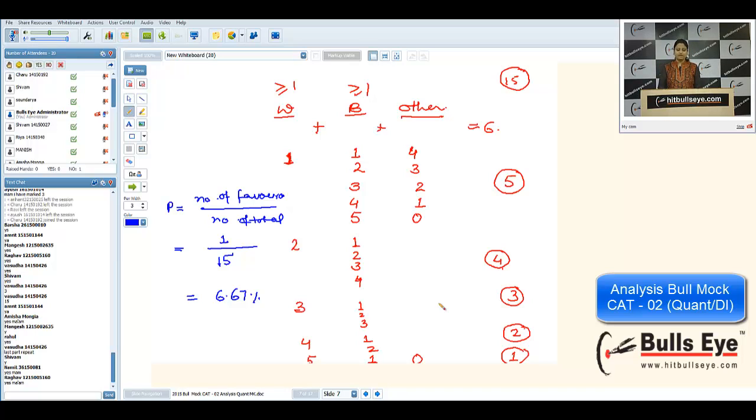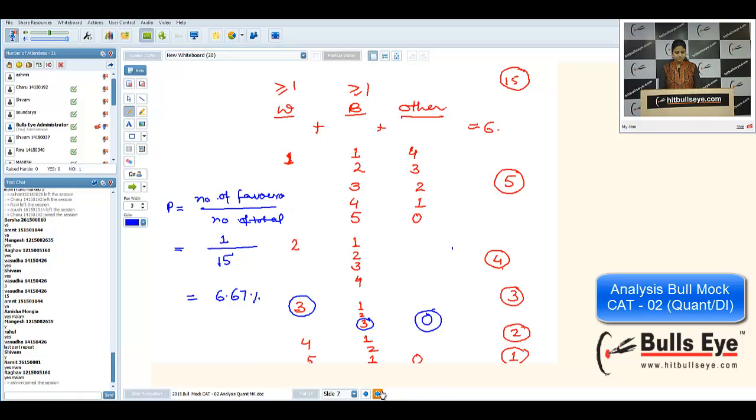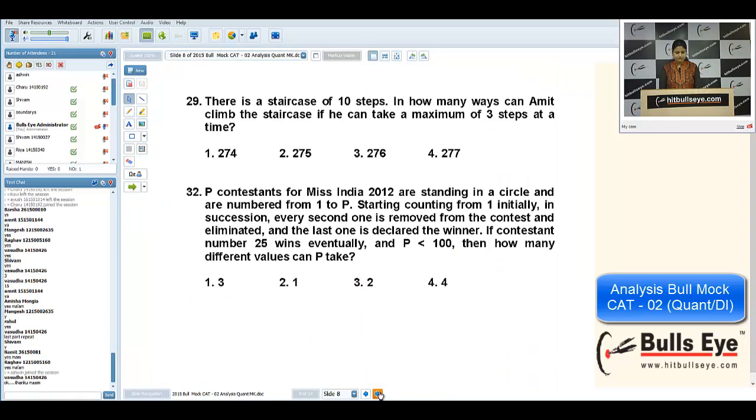There will be only one possible case, and that too is this: 3 white, 3 blue and 0 other balls. So there will be only one favorable case. So I'm putting the values in the definition. It will be 1 by 15. And what is the value of this fraction? This will be 6.67%. That is the answer in this case. Is it okay, Vasudha, now? Okay.